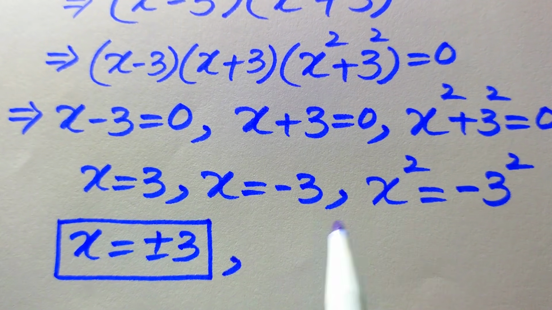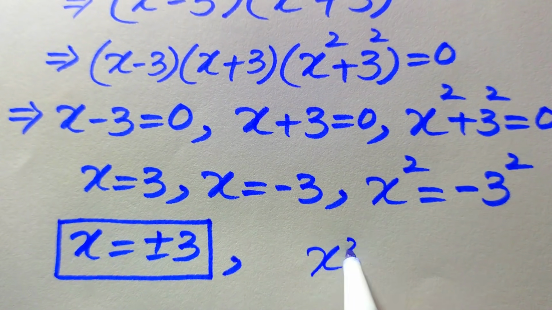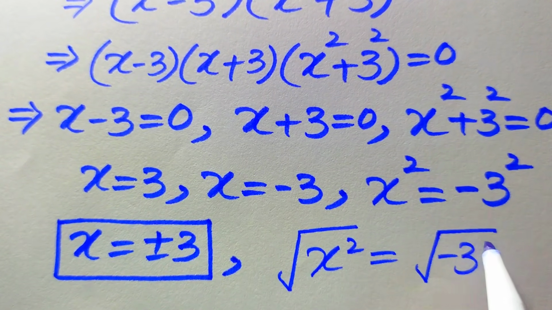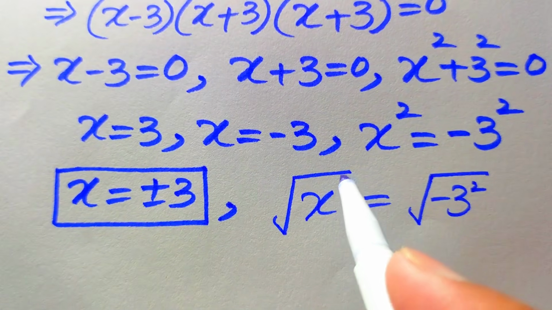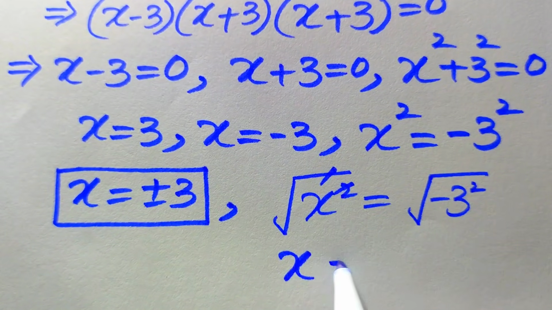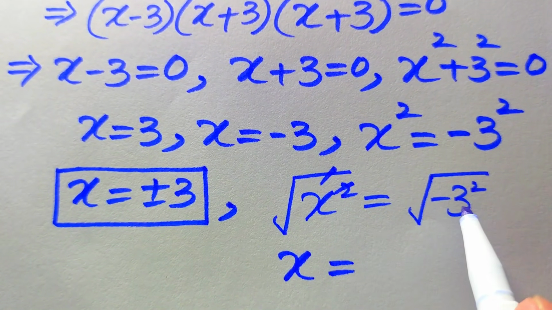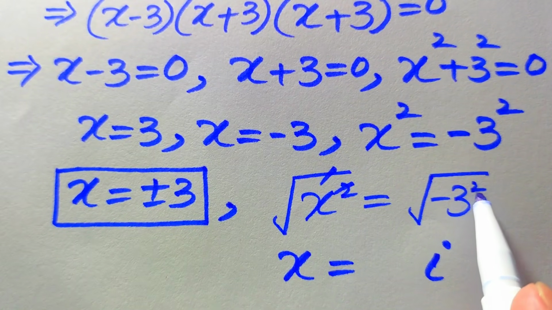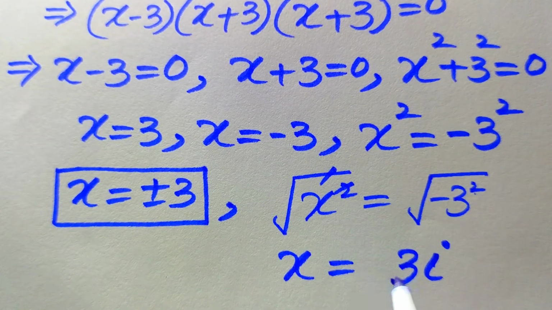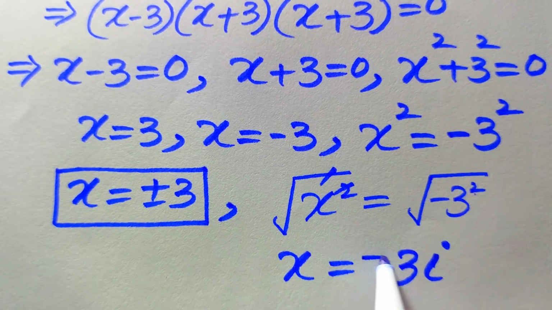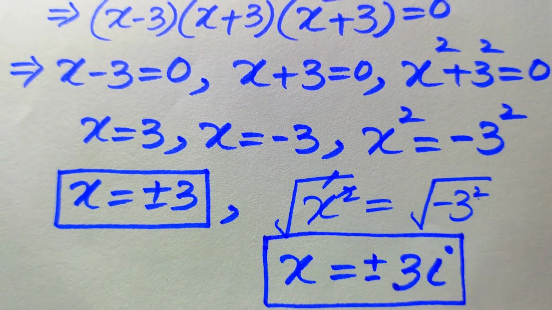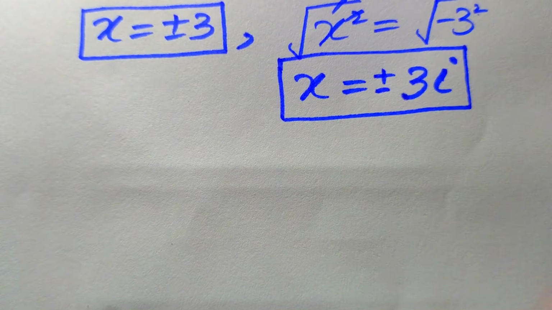To remove the square sign, we apply the square root on both sides, so we get the square root of minus 3 squared. The square and square root are gone, and we know that when a negative sign appears inside the square root we get iota, so we get 3 iota. Further, we apply the square root on both sides, which is why we write the plus or minus sign. So these are the other two complex roots of the given equation.